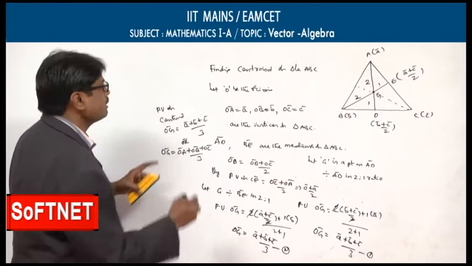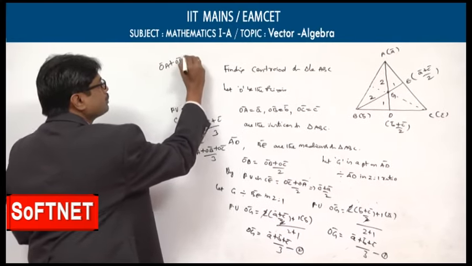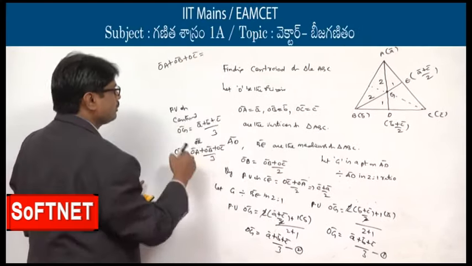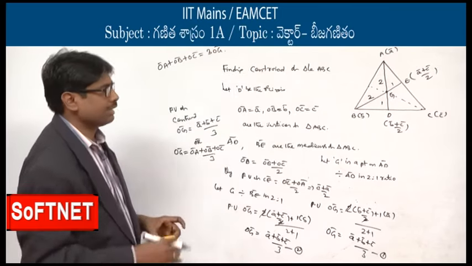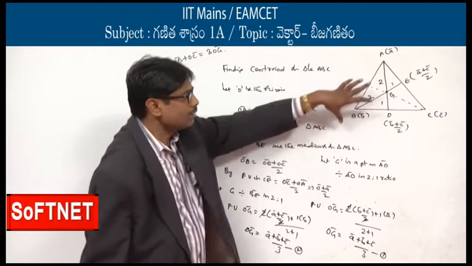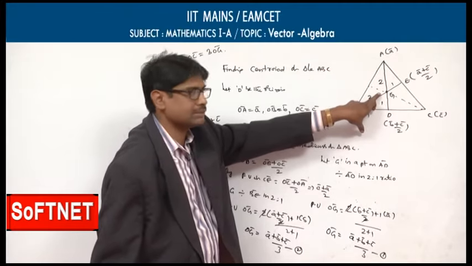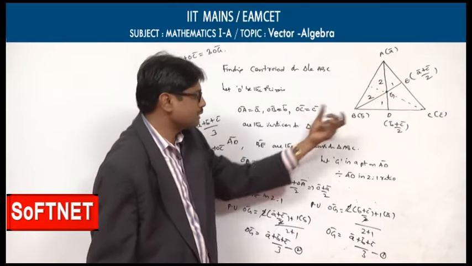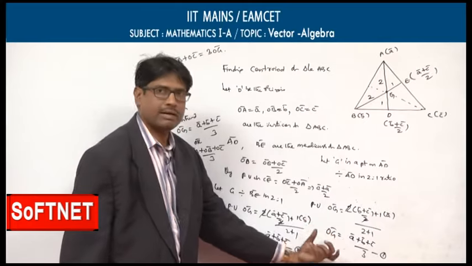So the sum of the vertices' position vectors OA bar plus OB bar plus OC bar is equal to 3 times OG bar. In the vector method, we proved that medians are concurrent, and the point of concurrence of the medians we call the centroid. The position vector of the centroid is A bar plus B bar plus C bar divided by 3.